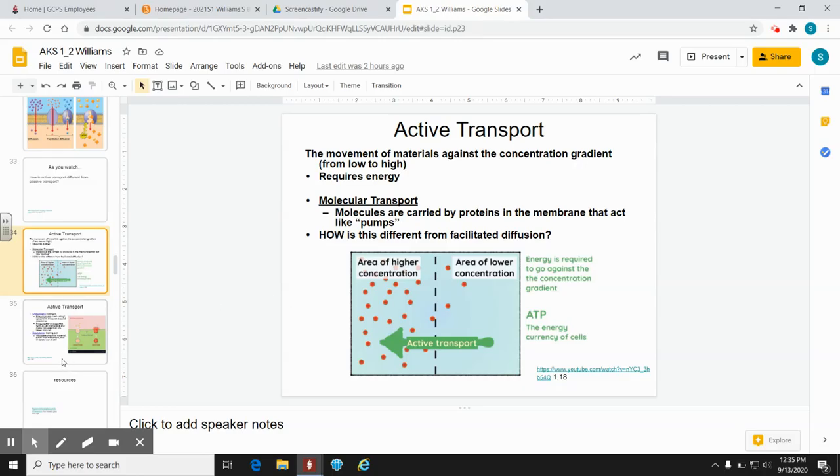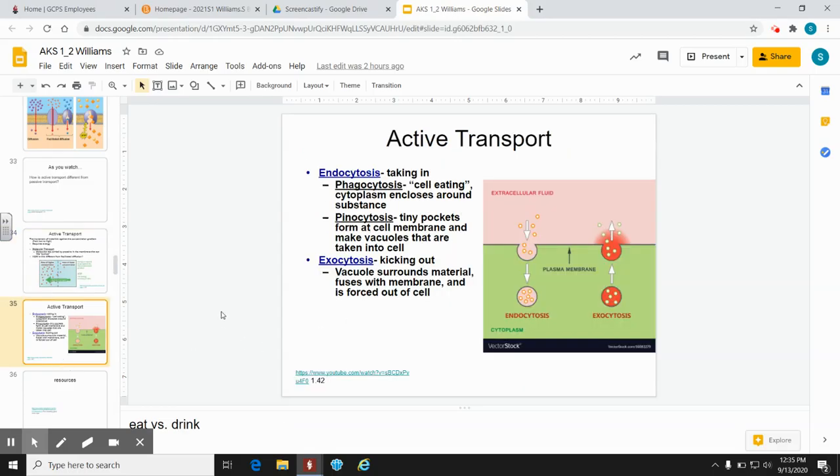So our last slide. So there are some particular kinds of active transport, and remember in the first lecture, the very first long video, they went over each one of these. So endocytosis, endo, E-N-D-O, as a prefix means to enter. Cyto refers to a cell.